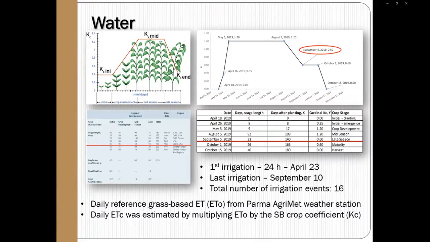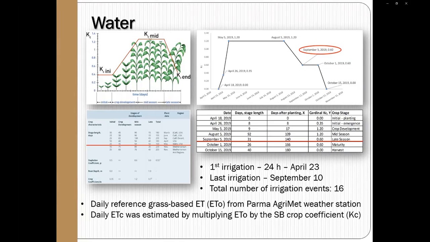For our water treatments, we used a water scheduler developed by a team of irrigation engineers from the University of Idaho and the Washington State University. And this schedule is based on the evapotranspiration values obtained daily using the AgriMet weather station located in Parma, Idaho.